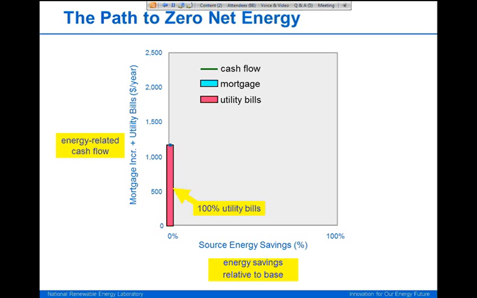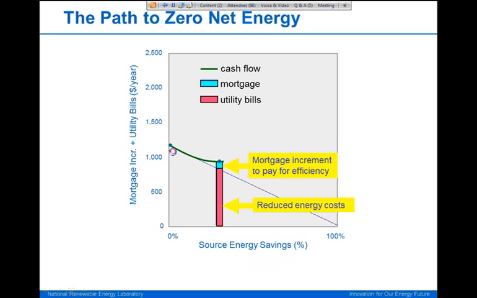So energy-related cash flow is on the y-axis. On the x-axis, again there are some choices about what's displayed, but typically it is energy savings relative to a base situation. So in the unimproved building, we have not made any investments and don't have any mortgage payments for energy efficiency. We just have the original or initial utility bills.